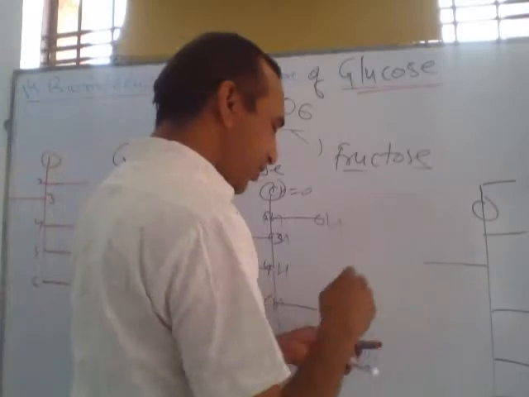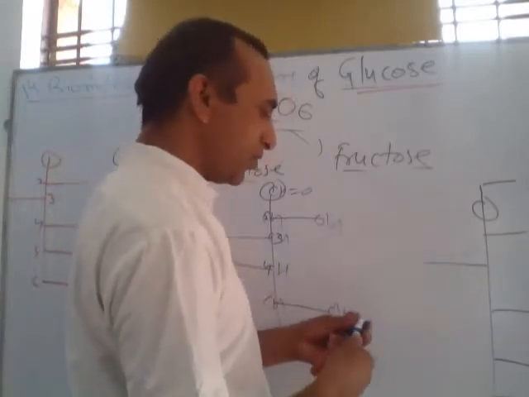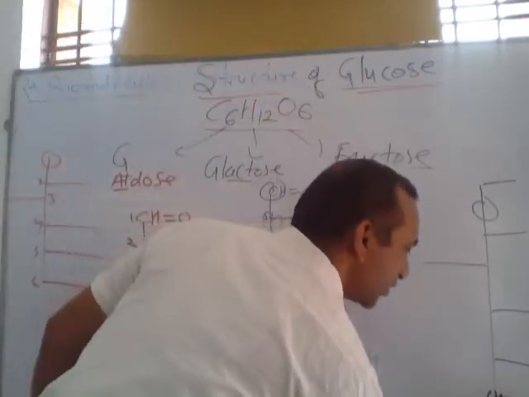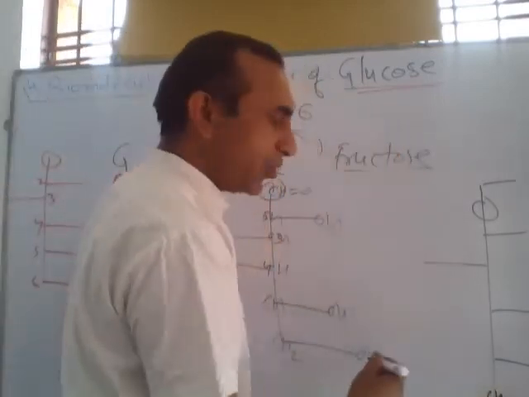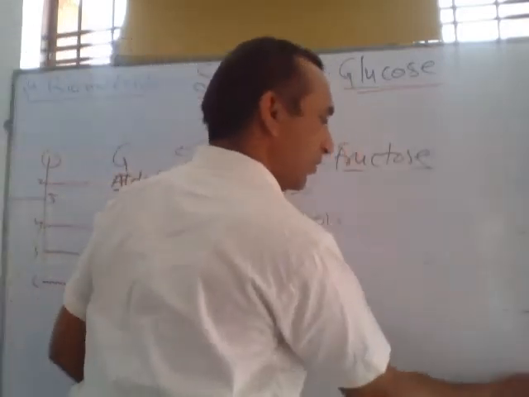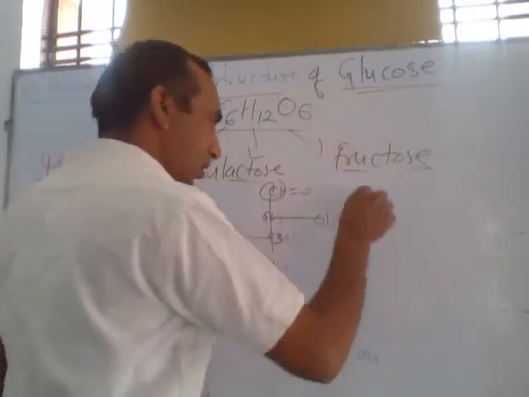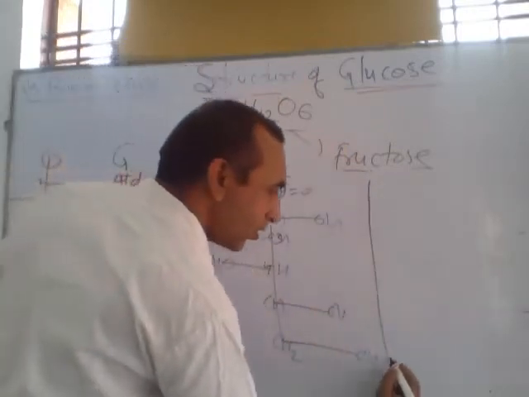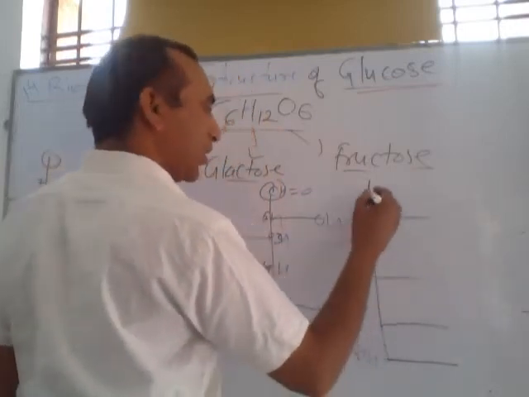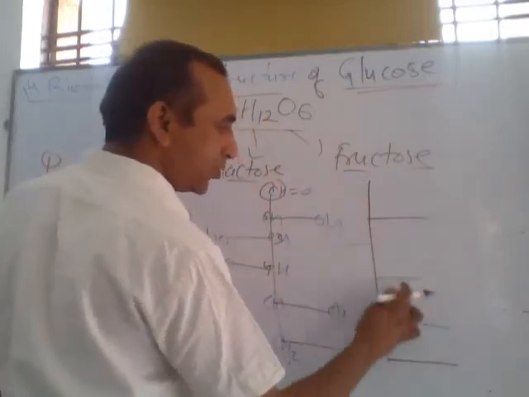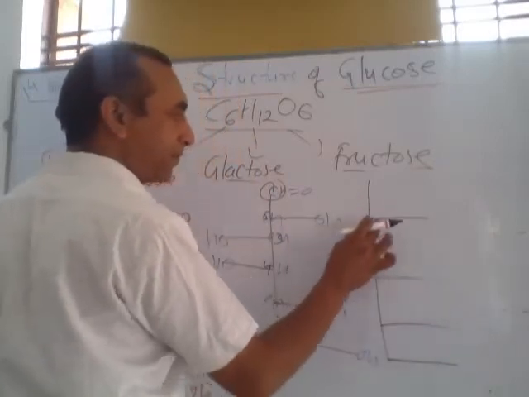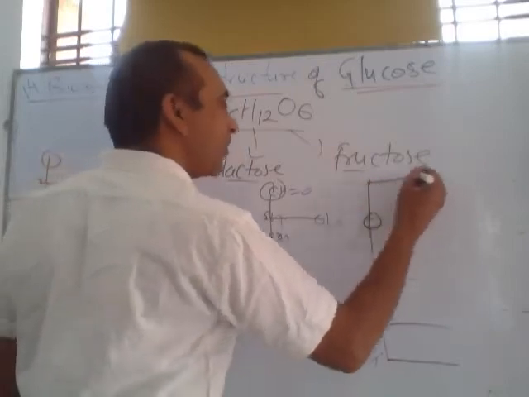But in case of fructose, listen, it is very simple. Here is CH2OH. I am drawing this again. Listen, straight line 1, 2, 3, 4th, 5th. Here is a circle and on top is a straight line.